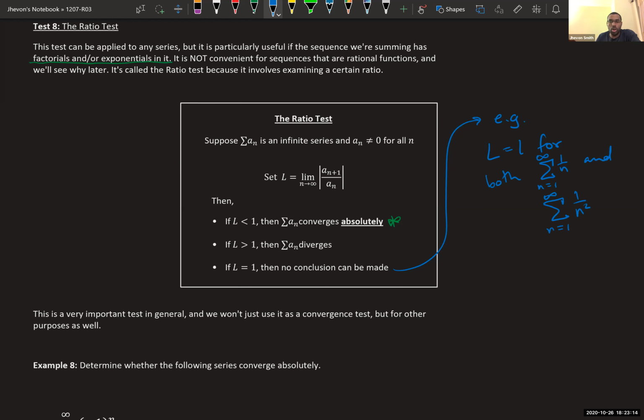And we know that one diverges while the other converges. So when the limit is 1, you can't tell, right? So you need to do something else if you end up with a limit of 1. However, in all other scenarios, it's either going to be bigger than 1 or less than 1. In the event that it is less than 1, that means that it actually converges absolutely. If the limit is greater than 1, then it diverges.